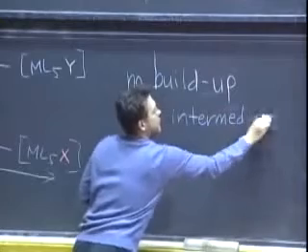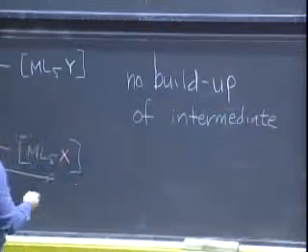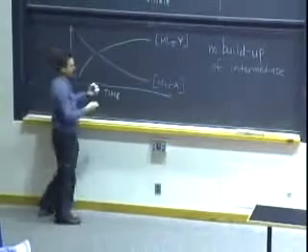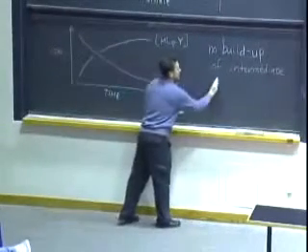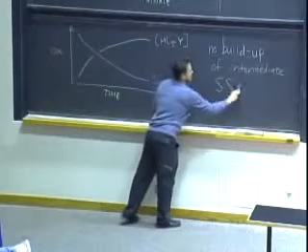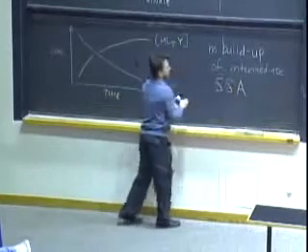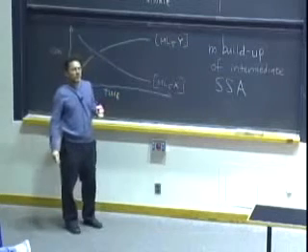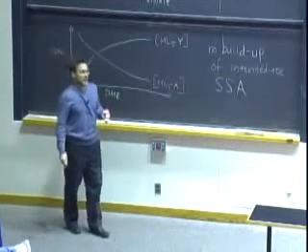In other words, the intermediate never attains significant concentrations relative to starting materials and final products. This is the basis for the steady state approximation that's explained in your notes, and I'll go through that also at the beginning of the hour on Friday.